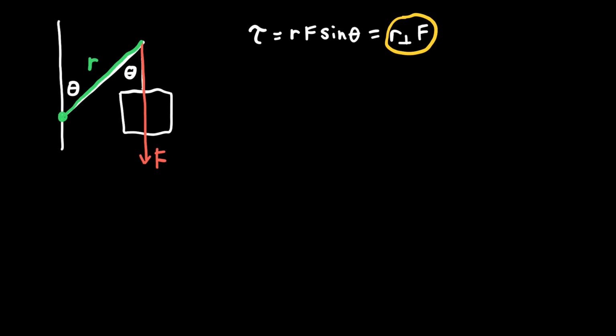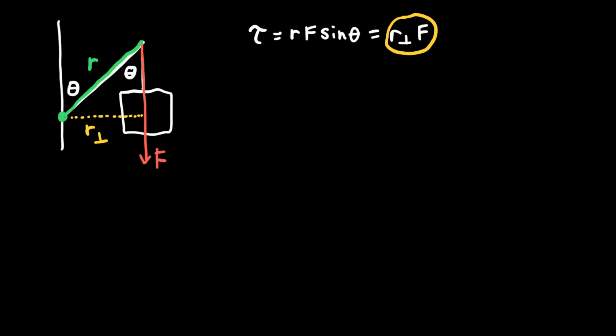And so what does that look like in this picture? It looks something like this yellow dotted line. Notice that yellow dotted line goes from the axis of rotation to the line of force, right? So it doesn't exactly touch the place where I drew the force as being applied, but this is that perpendicular distance from the axis of rotation to the line of force.